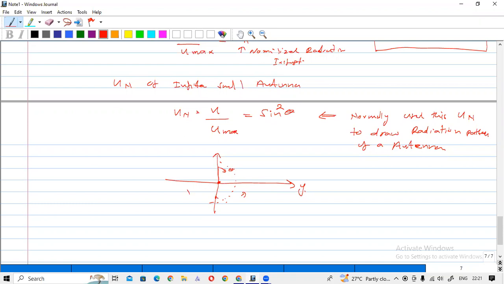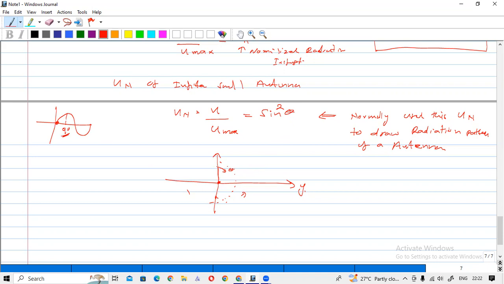Sine theta is like this, so actually you will get the maximum at 90. At zero, you will get zero.